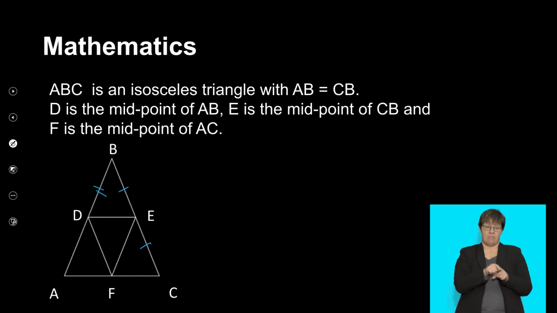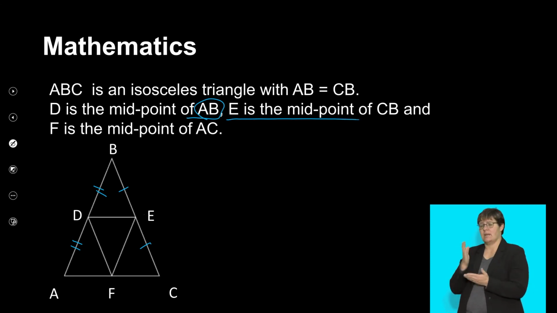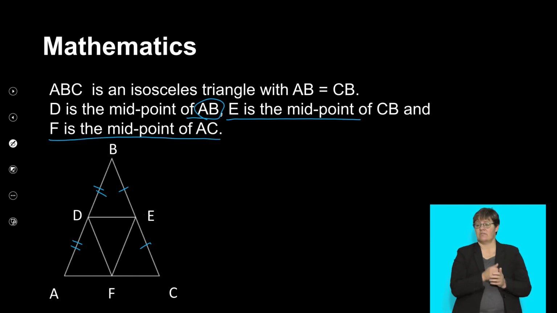And then we will also claim that this is equal to that line segment. Let's quickly read the last part and apply what we are talking about. So D is the midpoint of AB, I've already shown that. E is the midpoint of CB, I've also already shown that. The last thing will be the midpoint of AC, meaning this one here will be equal to that one there. But what do I now know?